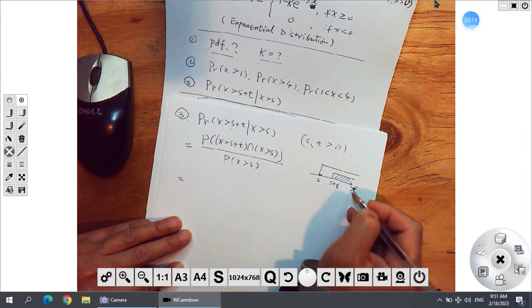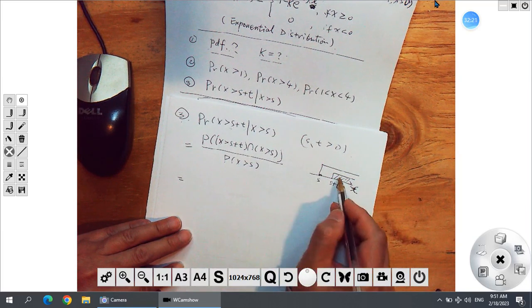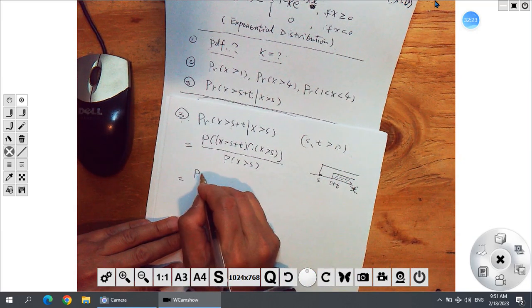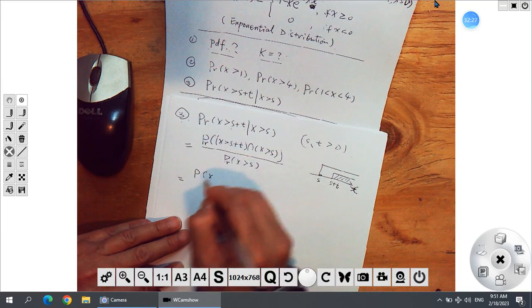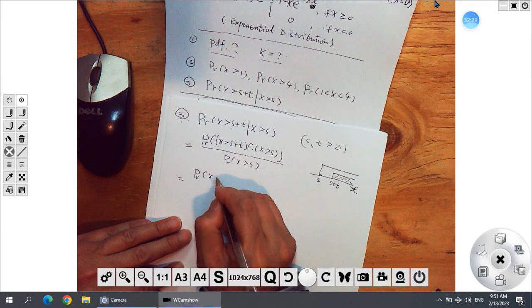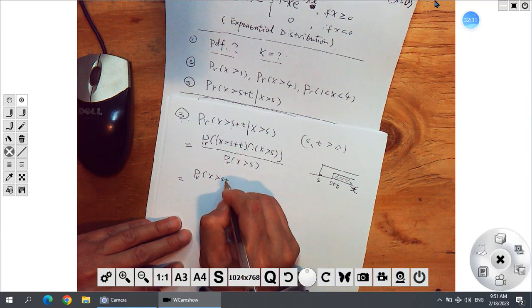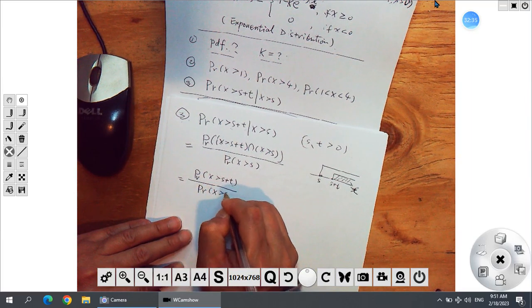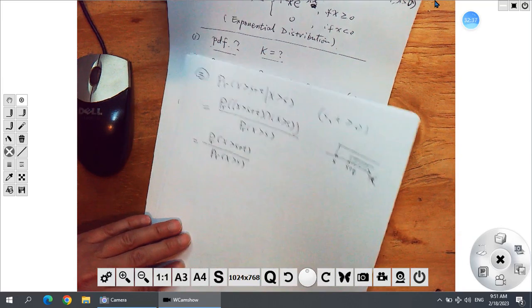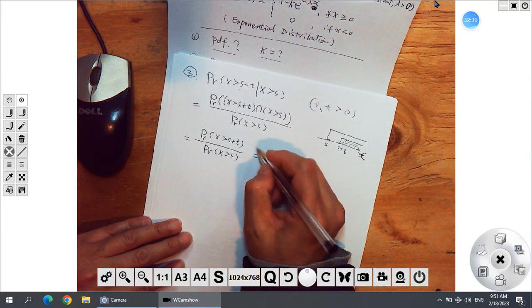So the intersection is just the first one. So it is the probability of X larger than s plus t over the probability of X larger than s. And then we can calculate this one.